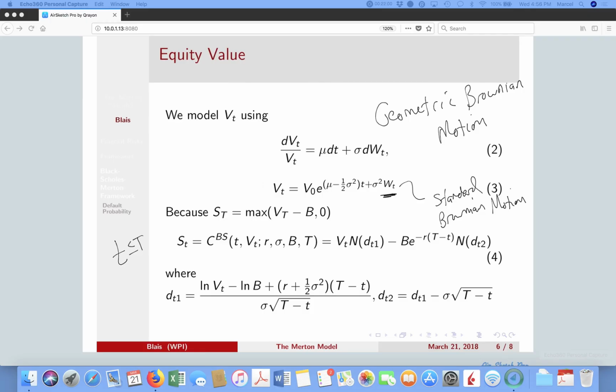If you take the natural log of this, the natural log splits this product into a sum. So you'll get natural log of V naught. That's just some constant. Then the natural log of this exponential, remember the natural log and the exponential are inverse functions, so those will go away. And so natural log of Vt will be a constant plus what's in the exponent here, which is a deterministic piece, and then a constant times a normal.